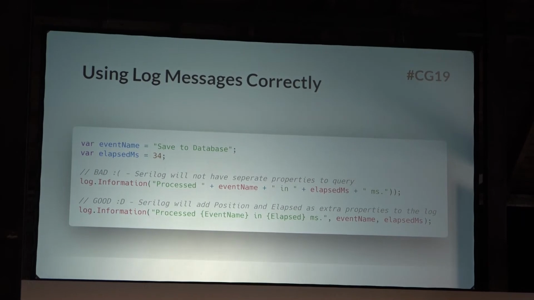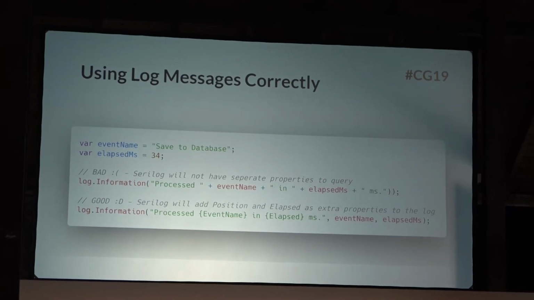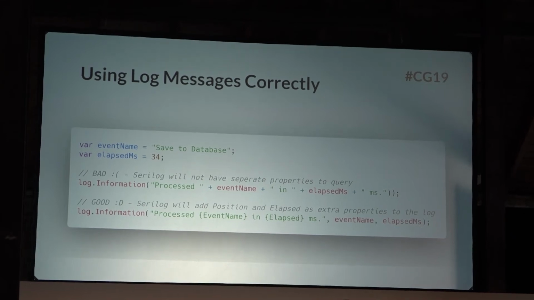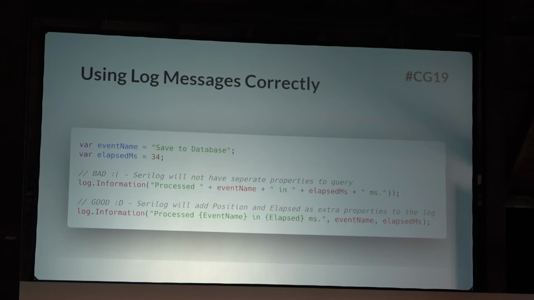Okay, so I have two properties, an event name and a basic integer. The bad way to do this is string concatenation. The good way is to see the bottom example. Yeah. It's like string concatenation, but more just categories. Yes.